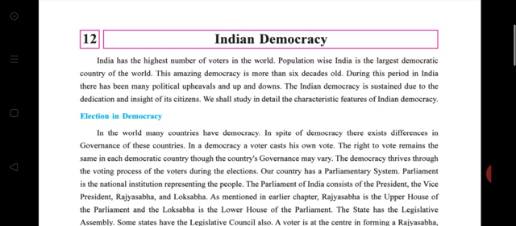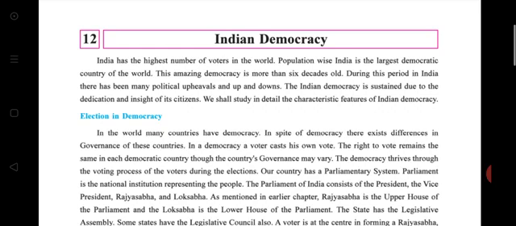Our democracy is amazing because we have the highest number of voters in the world. As we all know, population-wise, our country is the largest democratic country in the world.